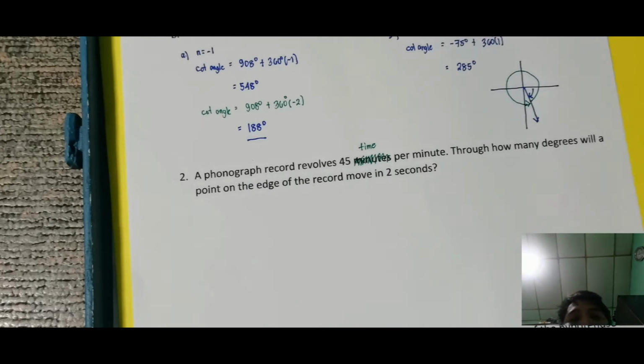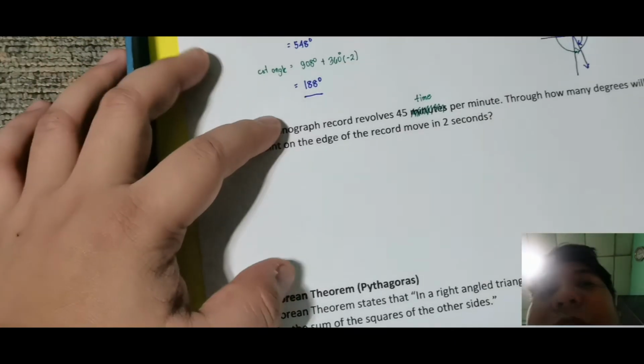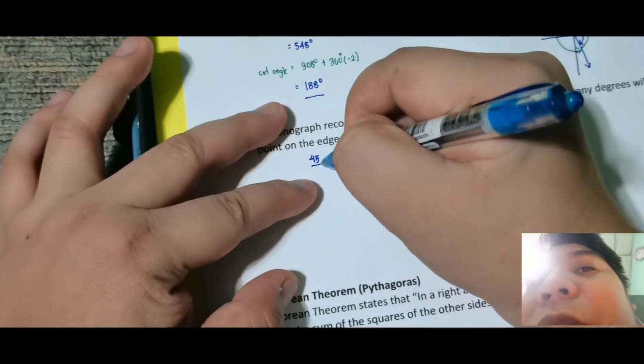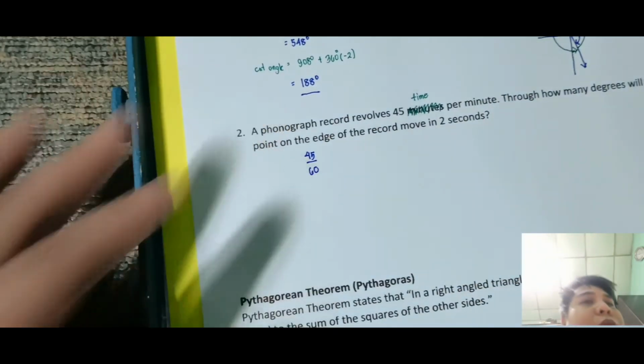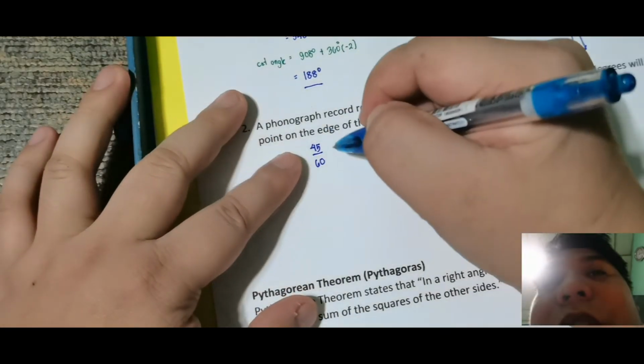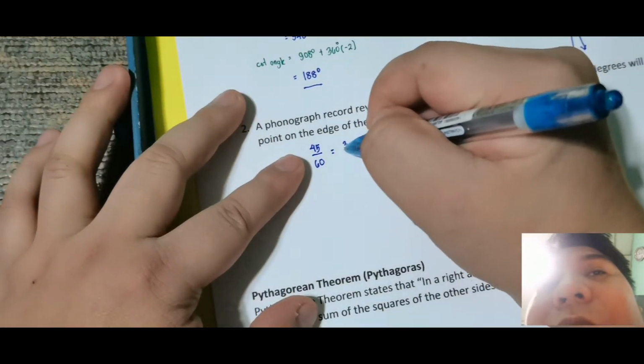Okay, so ang sabi, there are 45 times per minute. So, ibig sabihin, kung meron akong 45 times per minute, so meron akong 45 over 60, kasi per minute eh, which is 60 seconds. So, meaning, this is equivalent, pag nilowest term, this is only 3/4.